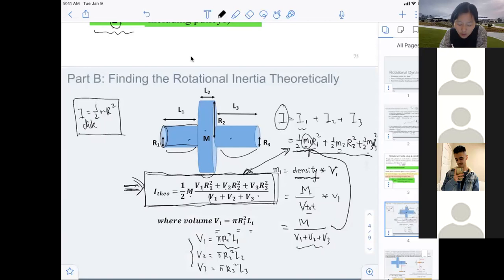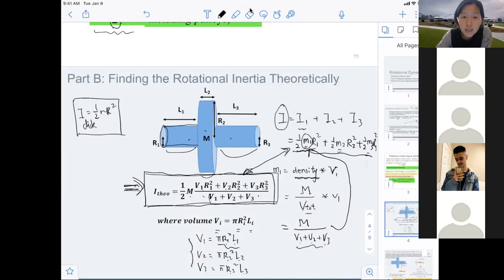And the volume is V1, V2, V3, three different volumes combined, and the total mass is already given to us. So all you need to measure in the lab is radius 1, R1, radius 2, R2, radius 3, R3. And you can plug into this formula to calculate it. Did I answer your question? Was that clear?